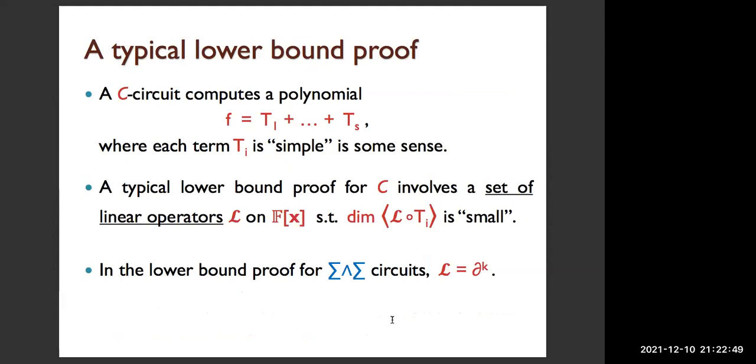Let's just summarize in this slide that a typical lower bound proof for a complexity class C involves not just a complexity measure, but within that there is a set of linear operators. Let's denote it by this calligraphic L. Linear operators on a ring of polynomials, such that the dimension of the space spanned by the linear operators applied on Ti is small, right?